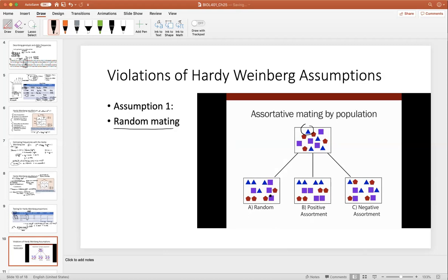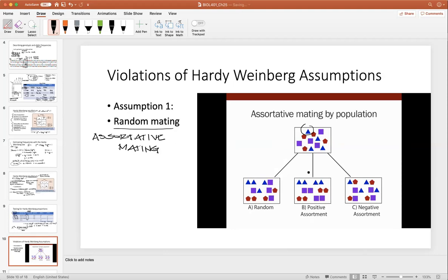But the truth is, oftentimes we don't see that in nature. We often see something instead called assortative mating. And the root of that is the word assort. In assortative mating, individuals show a preference, okay? They don't randomly mate, they pick someone.